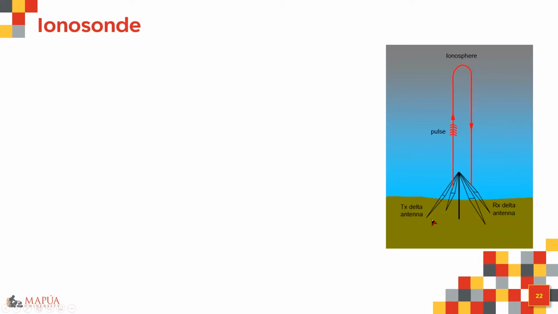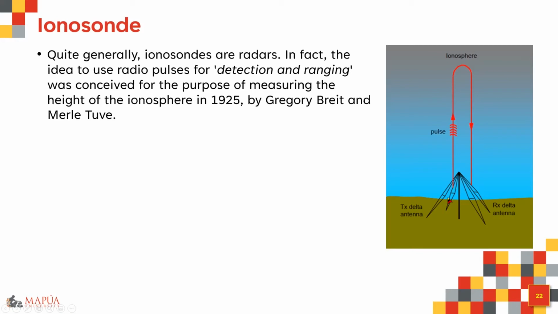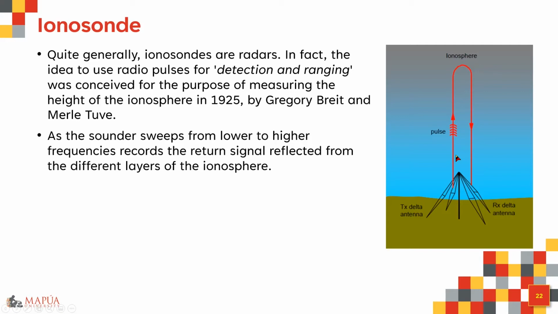What happens here is that an ionosonde transmits pulses of radio waves to the ionosphere, and then the ionosphere will reflect these pulses, and from the time of arrival, we can know where the ionosphere is. Because, as I mentioned earlier, the ionosphere is dispersive to radio waves, different frequencies will be reflected at different heights depending on the electron density.